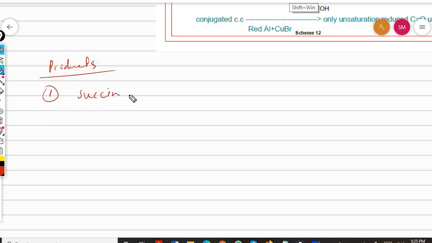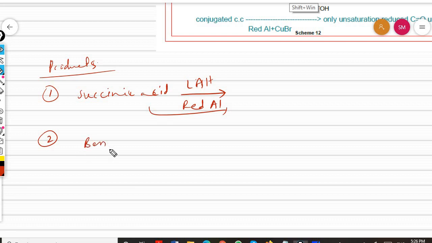Number 1: succinic acid treated with lithium aluminum hydride as well as Red-Al. Number 2: benzoic acid, same, lithium aluminum hydride and Red-Al.